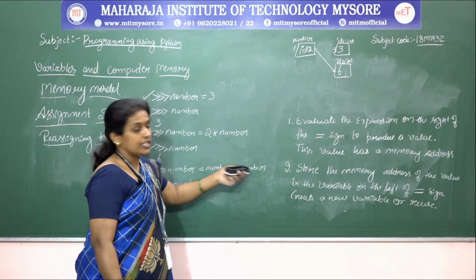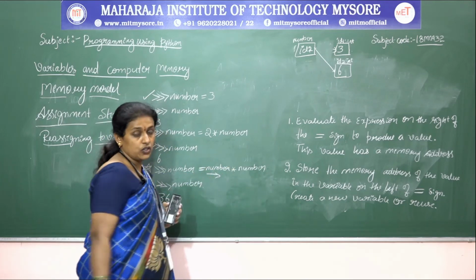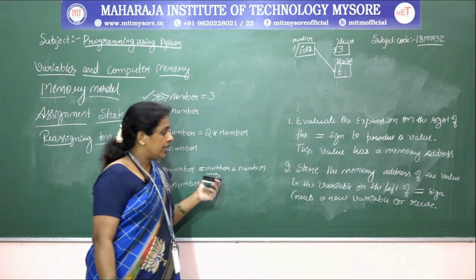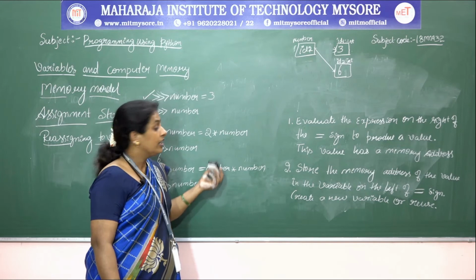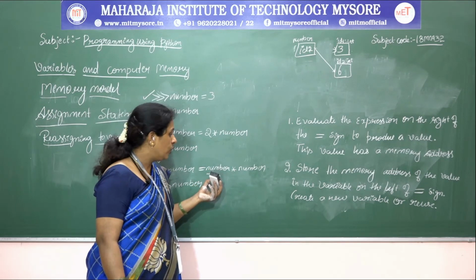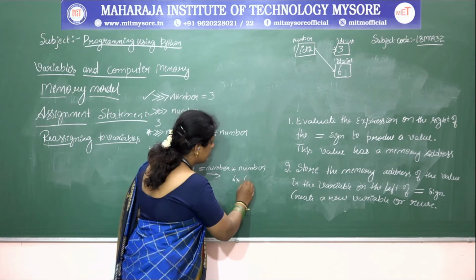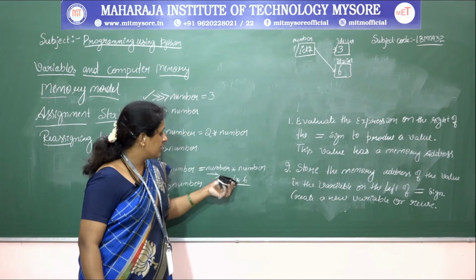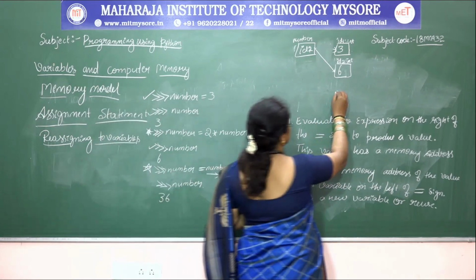So when this expression is evaluated, based on the equal sign, the right hand side gets executed. Here I am referring to a variable. So when Python sees a variable name, it is going to substitute the value. The value of this variable is 6. So 6 multiplied by 6, I will get the answer as 36.